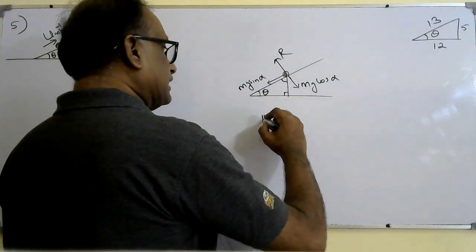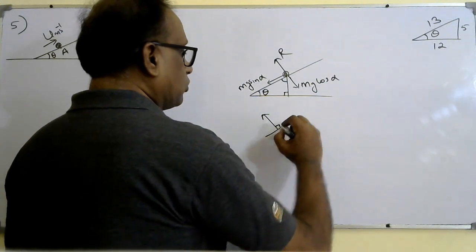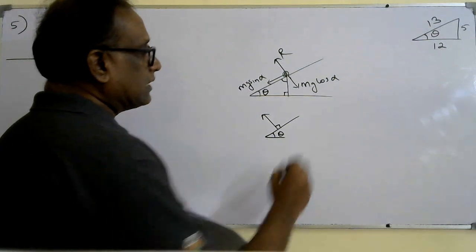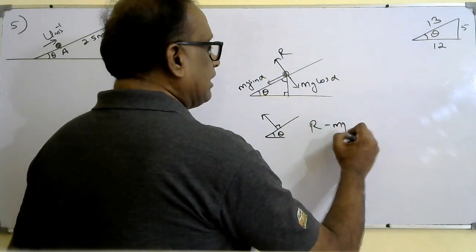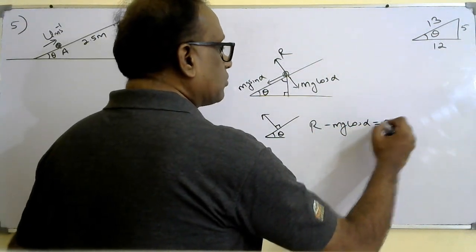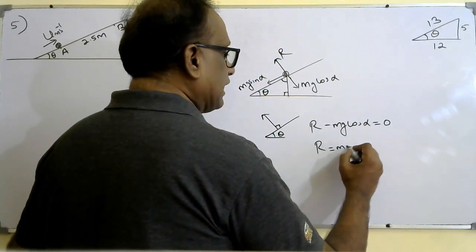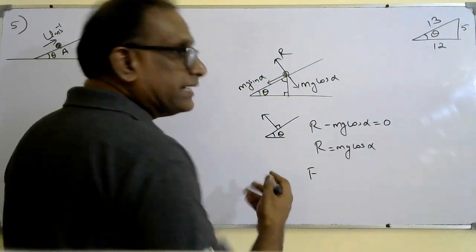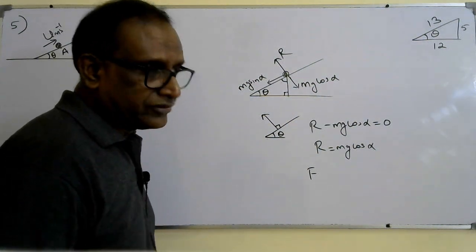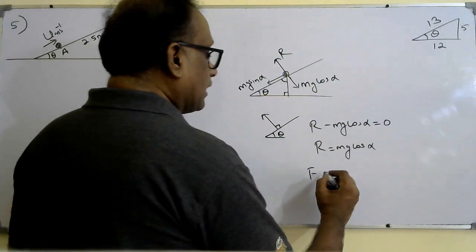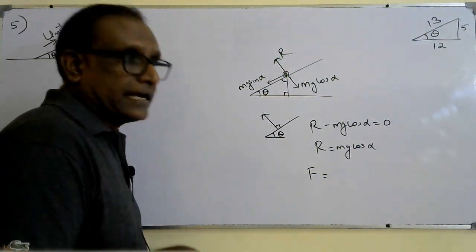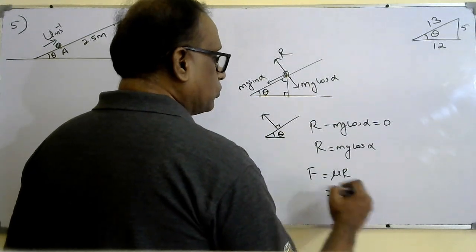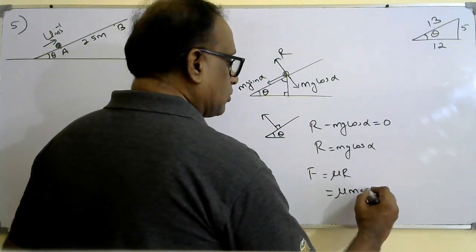When you consider along this direction, R minus mg cos alpha equal to 0. So R will be equal to mg cos alpha. When it is in motion, the friction will be limiting friction, the maximum, F equal mu R. So the limiting friction will be given as mu R, that is mu mg cos alpha.